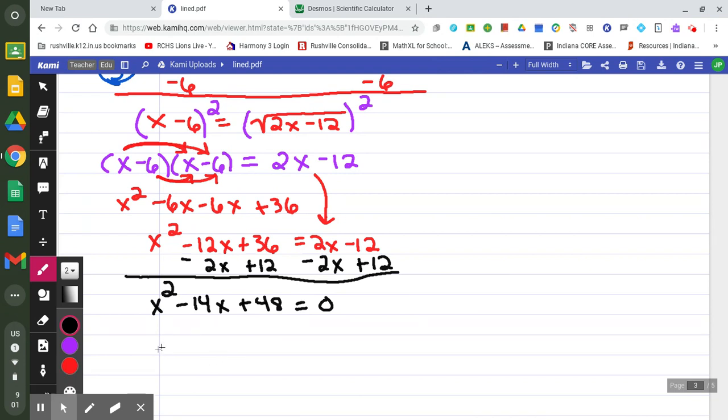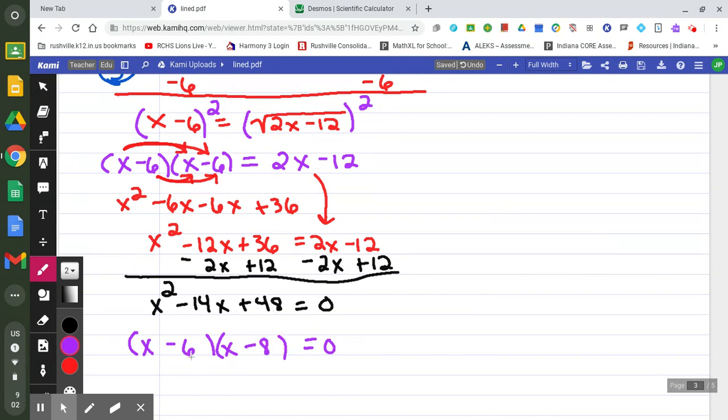So I'm going to split the middle. So when I do that, I'm going to end up with 2 parentheses. And so I know that negative 6 times negative 8 will give me the positive 48.